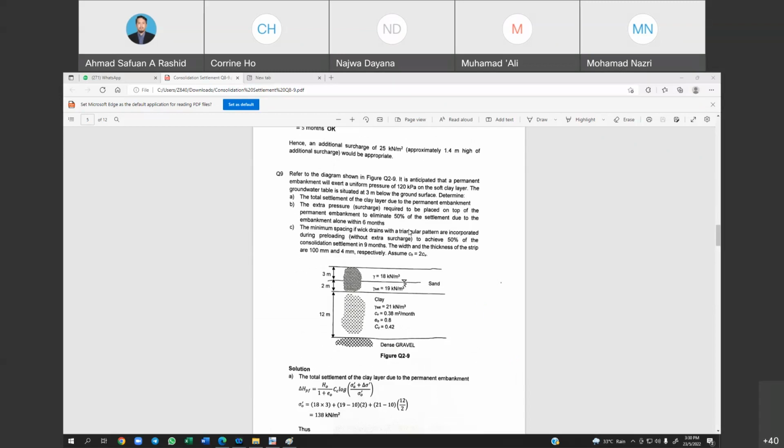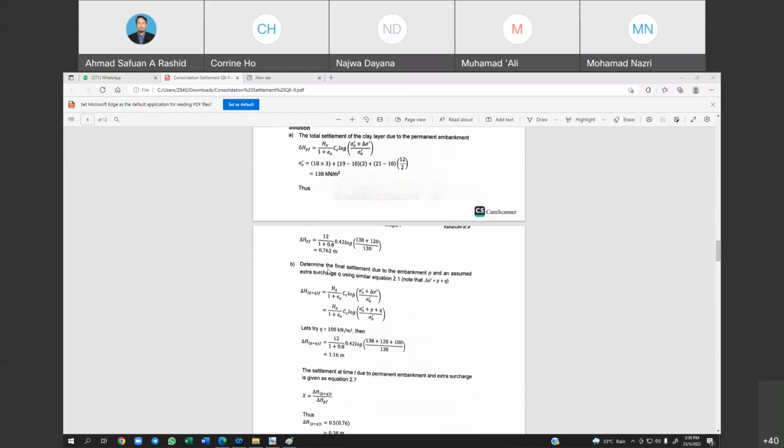Dia dah beritahu 6 months dan 50% from the settlement. So determine the final settlement due to the embankment P and assume extra surcharge Q using the similar equation, P plus Q. So sama juga dengan sebelum ni.